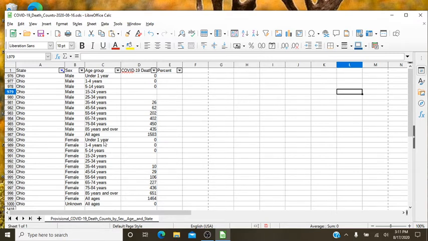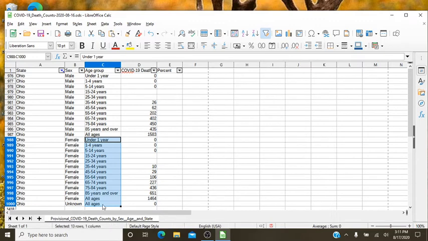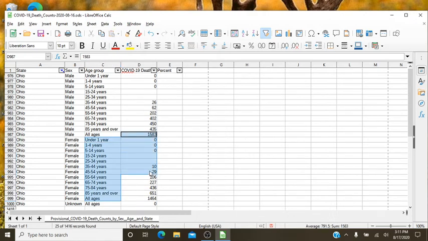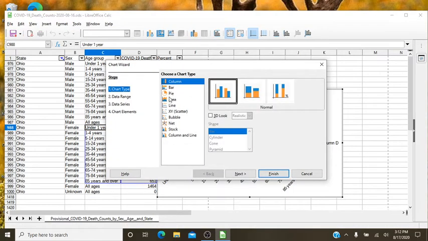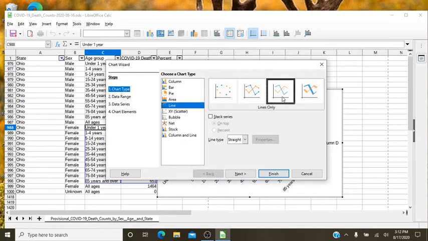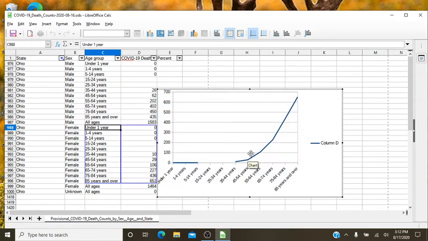Okay, let's take a look at females. A steady increase with women.